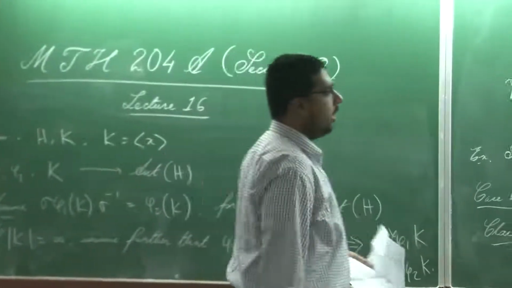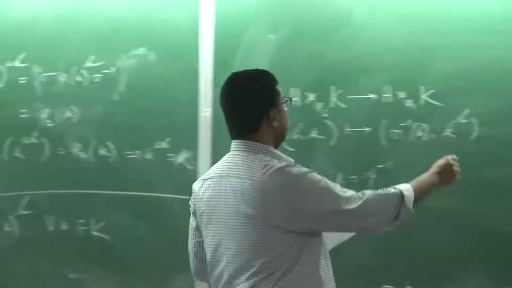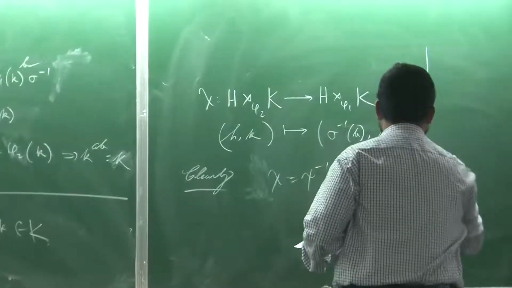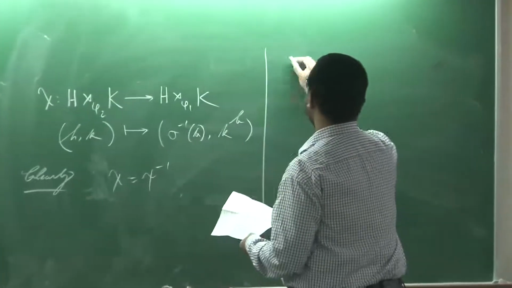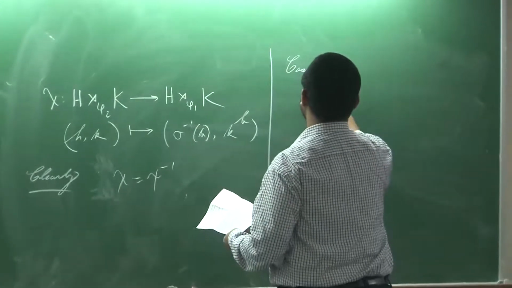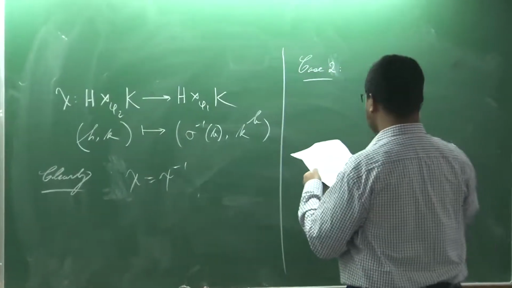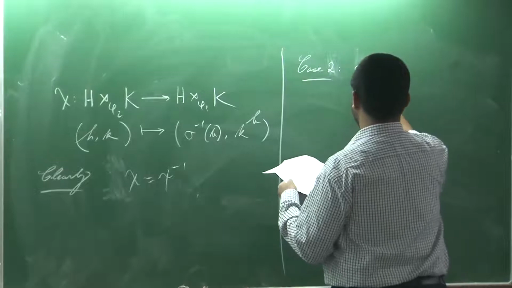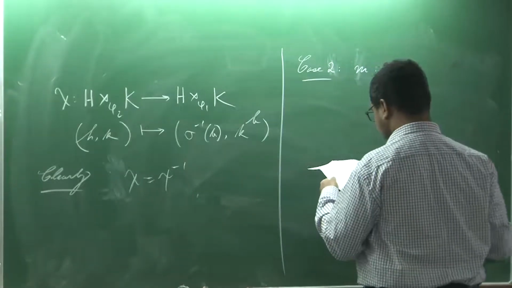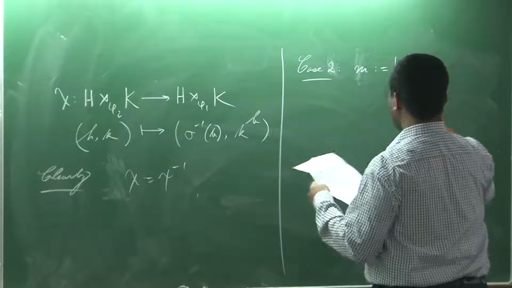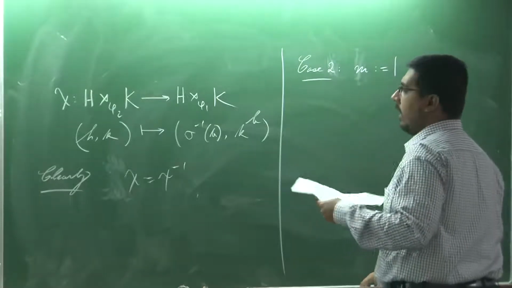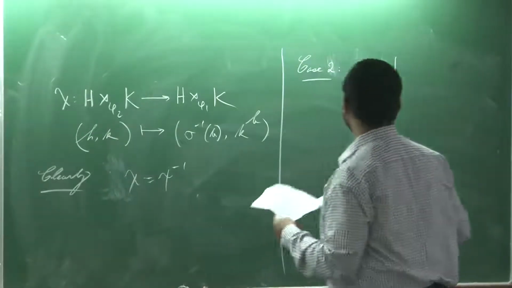Now let us come to the case when k is finite. So case 2, k is finite. In fact, let us assume m to be the cardinality of... so here we assume k is finite.